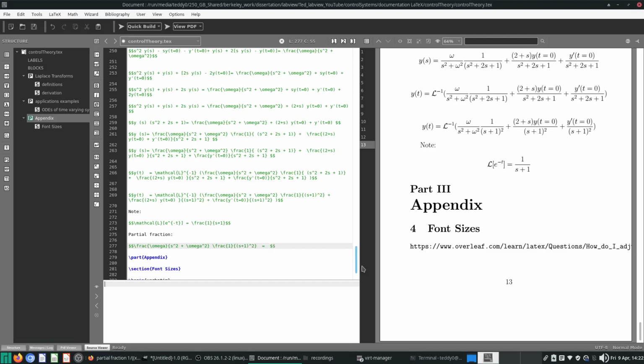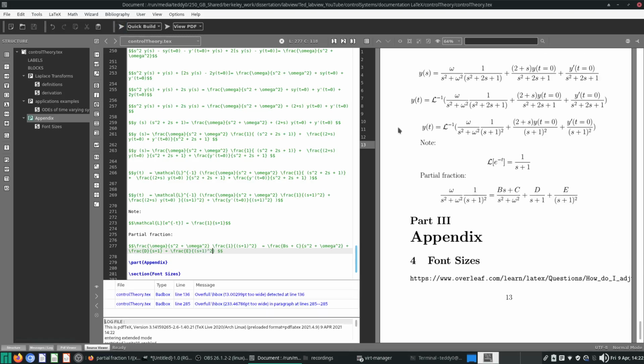So usually the concept is this: you'll have bs plus c over s squared plus omega squared. Then you'll have a fraction d over s plus 1, plus fraction e over s plus 1 squared.